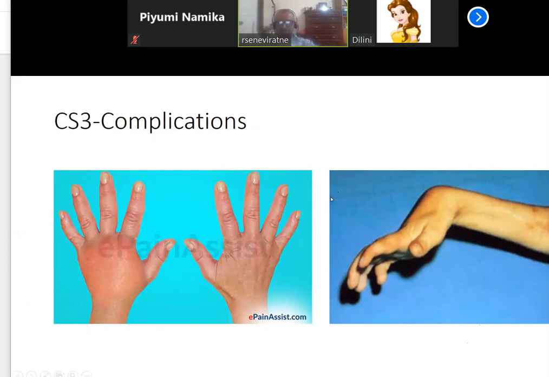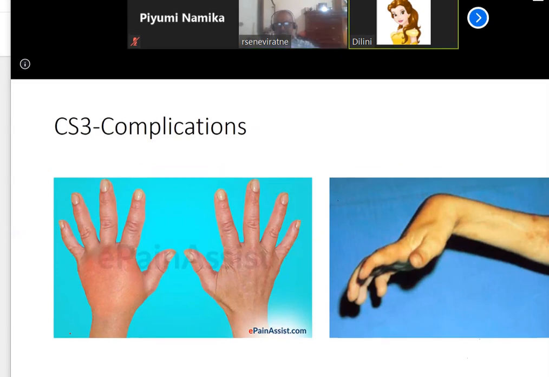So what's this on the right side? Something else. What's that? Volkmann. Yeah, that's Volkmann's ischemic contracture. That's how it looks. So Volkmann's ischemic contracture, right? So you can see the hand is more ventrally flexed, because when contracture affects, the volar muscles are more powerful, right?